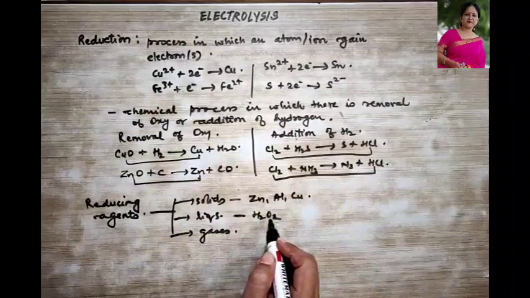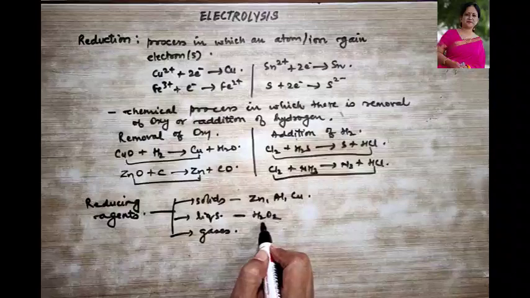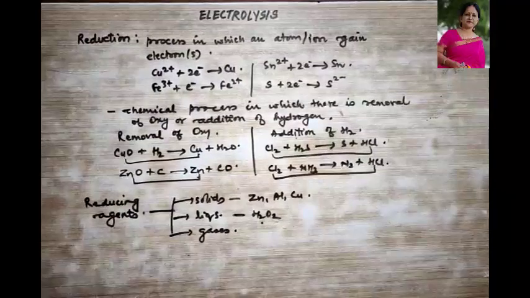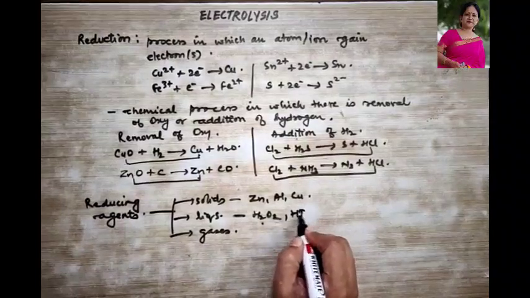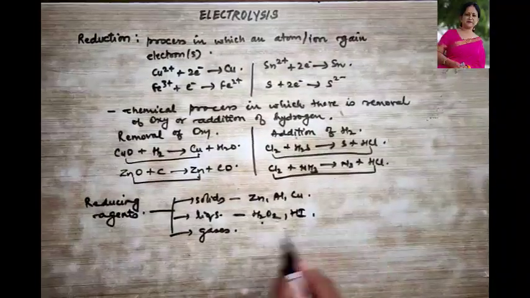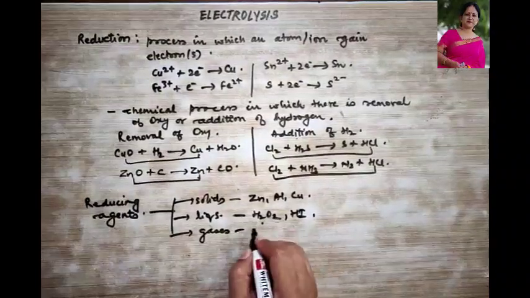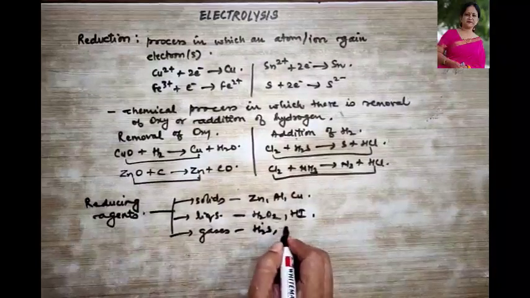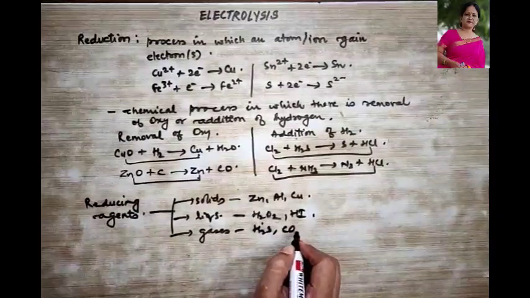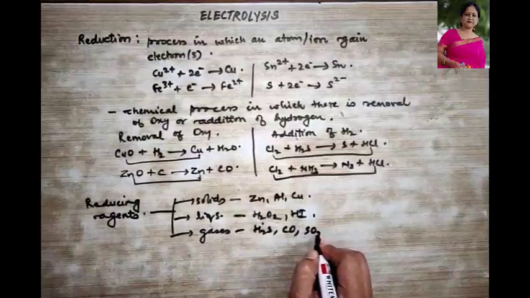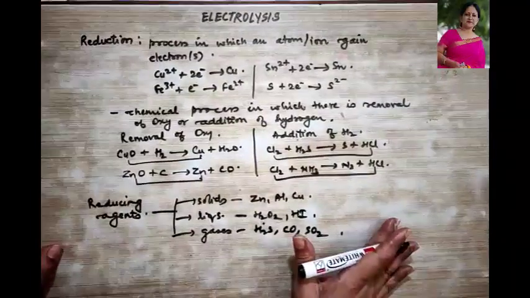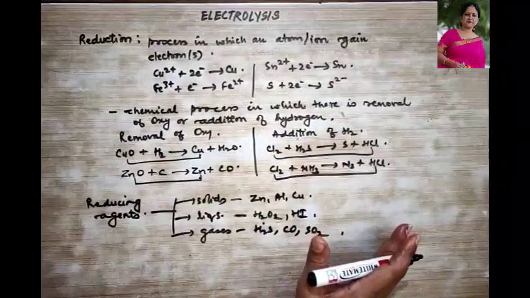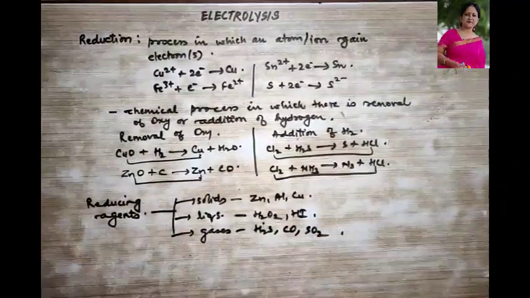This is one example which exists as both a good reducing as well as oxidizing agent. Then you have hydrogen iodide and so on. In the gaseous form we can learn H2S, carbon monoxide, and sulfur dioxide as examples. So with this we finish off with what is oxidation and reduction.